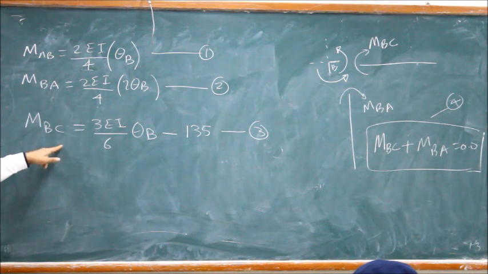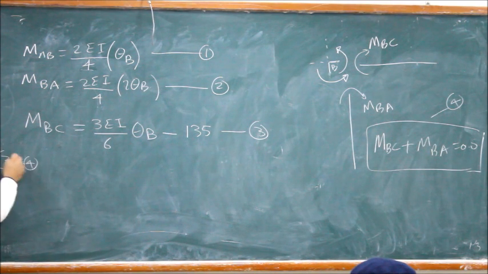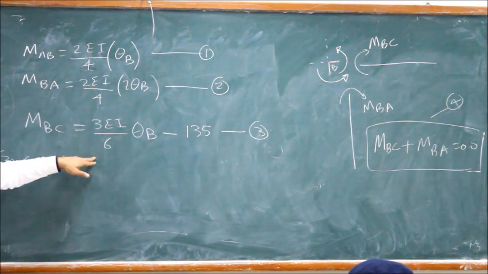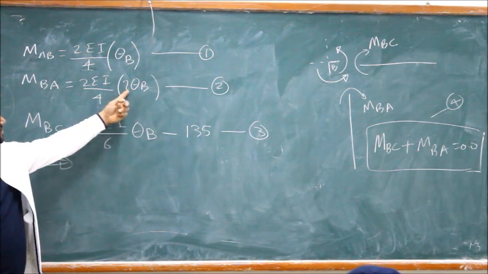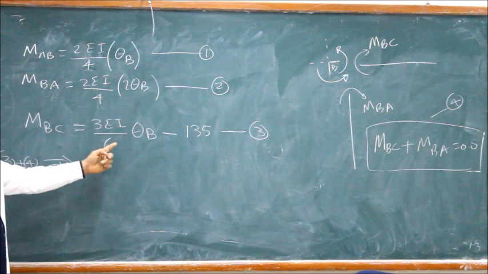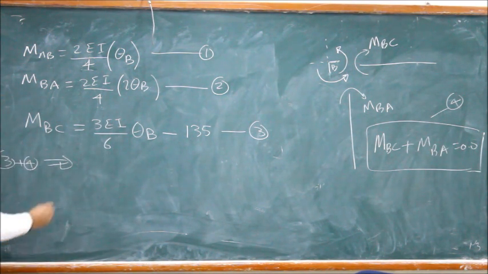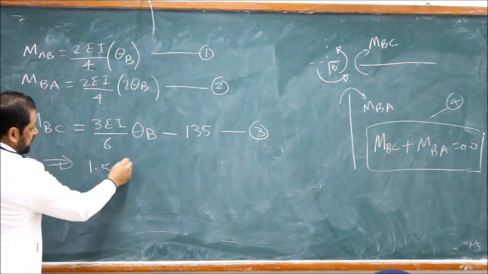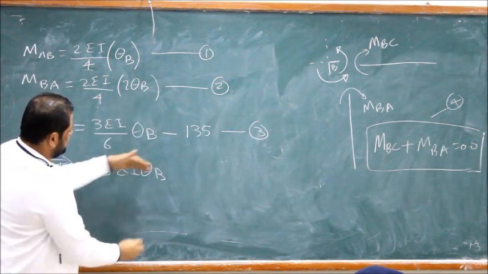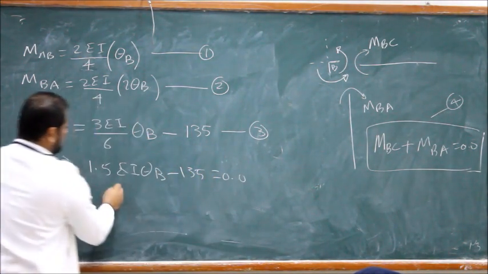This plus this. Okay. So 3 plus 4. If we add those, theta B, there is 1 theta B, right? 4 over 4, 1. And there is half. So 1.5 EI theta B minus 135 equals 0.